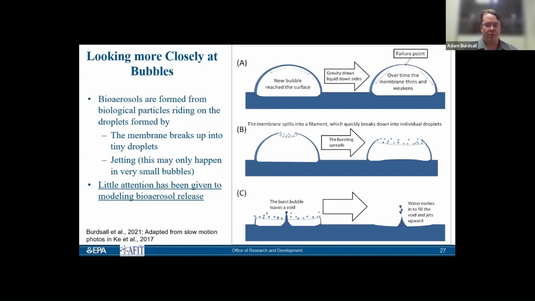The membrane thins as liquid runs down the sides of the bubble. When it bursts, the membrane breaks apart into tiny droplets. If a droplet containing an organism is small enough, it might become airborne and become a bioaerosol. Then, as the water underneath the bubble rebounds to take the space left by the bubble, it can jet upward, carrying more organisms into the air.